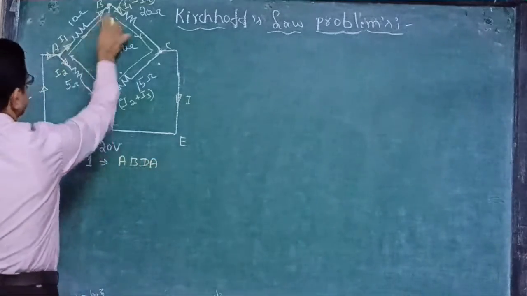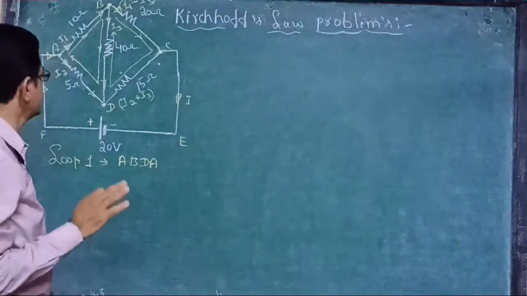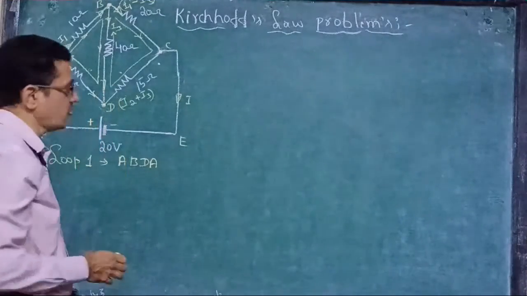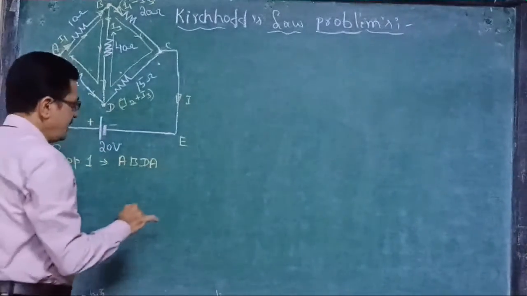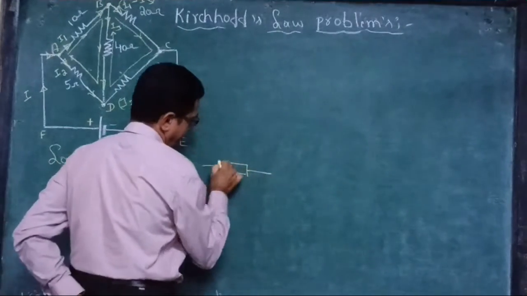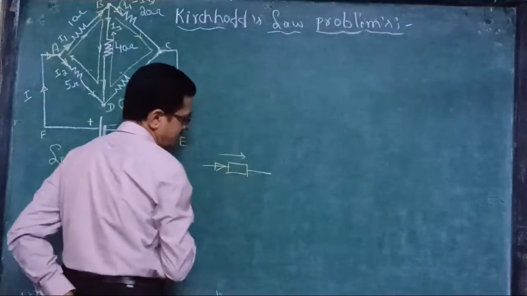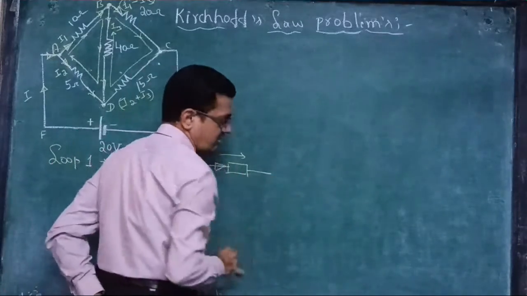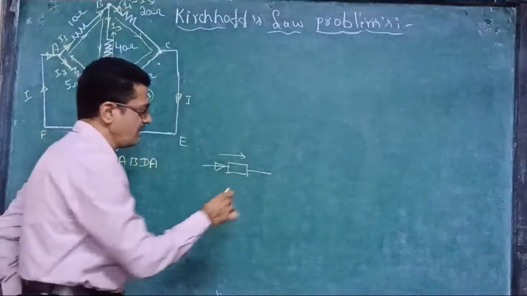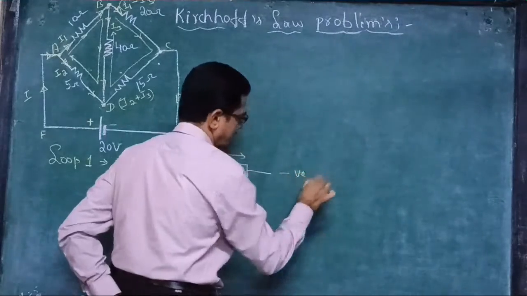Here are some points you should observe while solving these problems. If we go through a resistor in the same direction as the current, that is called a fall in potential, which means we take the negative sign.